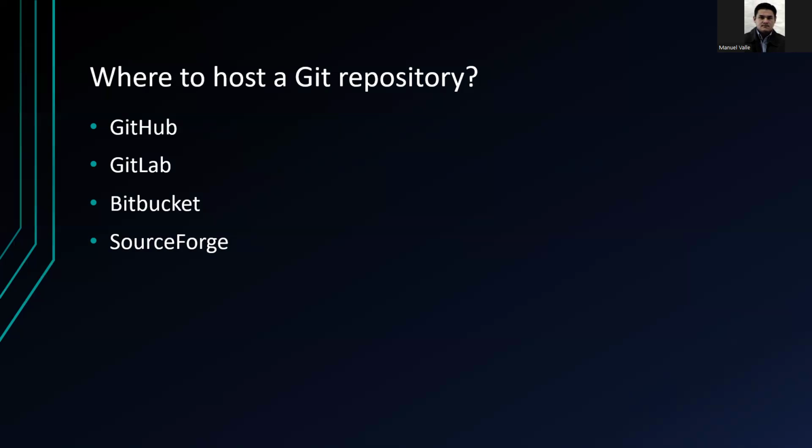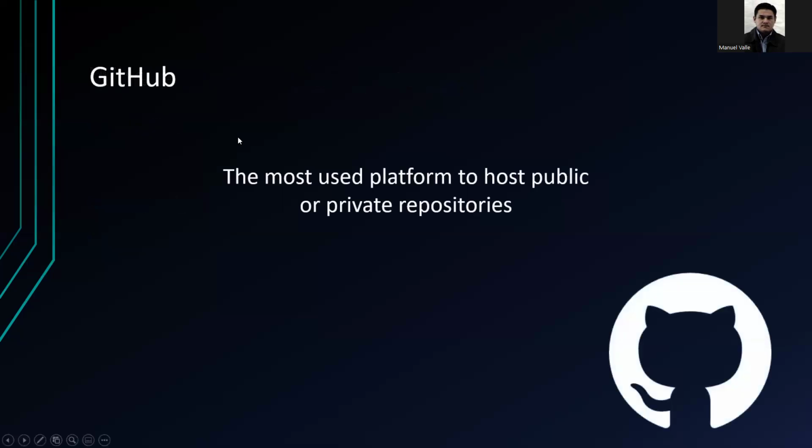So you have many different choices such as GitHub, GitLab, Bitbucket, and SourceForge. Personally, I like GitHub, and as far as I have read, GitHub is the most used platform to host public or private repositories.